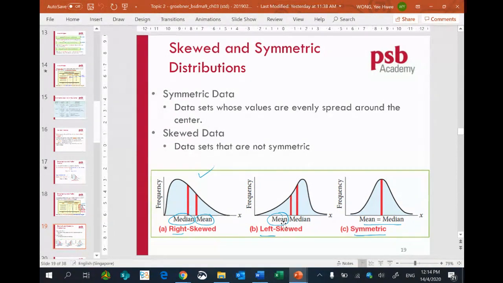If mean is smaller, that means there are very small values in the data set that have dragged the mean towards the smaller number. But if these two numbers are the same, then you can see that the shape of the graph is almost symmetrical or bell shape. Okay, this is bell shape.